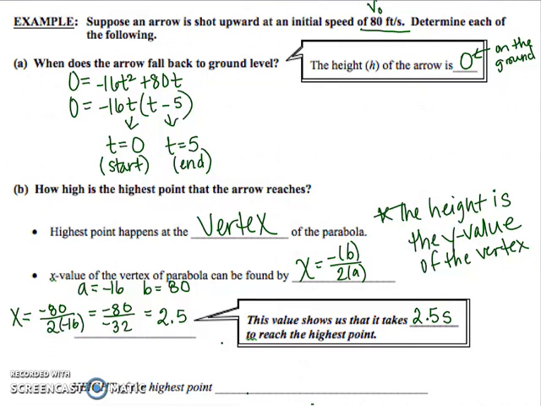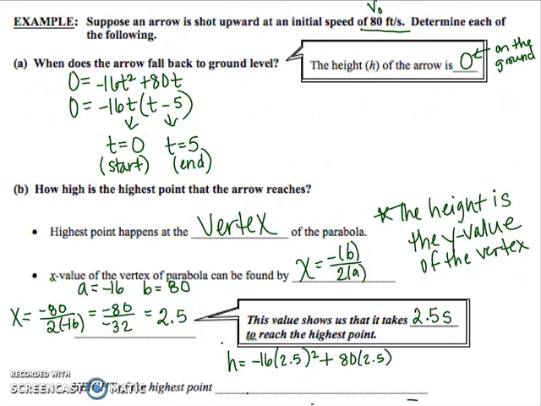for the arrow to reach the highest point on the parabola. Now the height at that time, 2.5 seconds, we can find by plugging 2.5 in for t in our equation. So our height equals negative 16 times 2.5 squared plus 80 times 2.5.